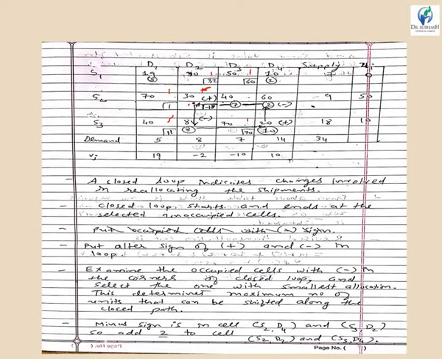This will be the starting point for the closed loop, and the end point will also be the same as where you started, that is the unoccupied cell. Now put alternate plus and minus signs in the loop. So how do we draw the loop? The loop can be drawn by using horizontal and vertical lines.